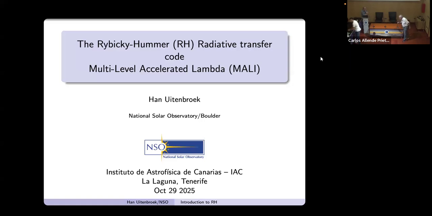Well, Han Uitenbroek is a friend from many years. I think we knew each other when you were doing your thesis in Utrecht, and I was doing my thesis in Germany, in Freiburg. And then after his thesis with Rob Rutten, he moved as a postdoc to the Harvard Smithsonian Center for Astrophysics.